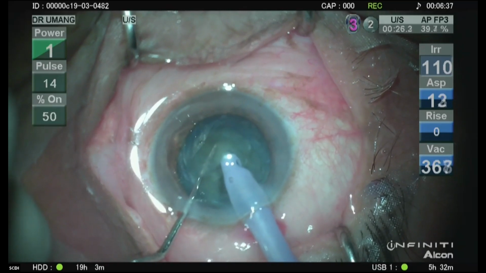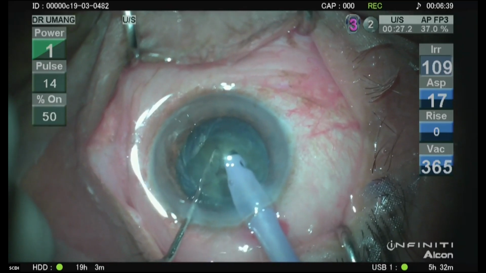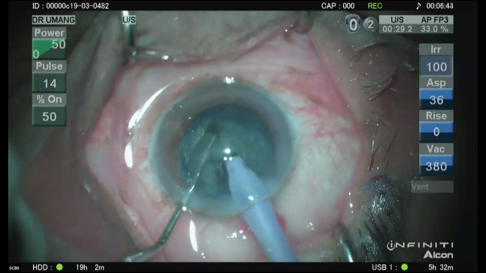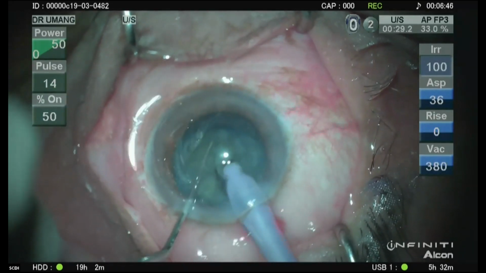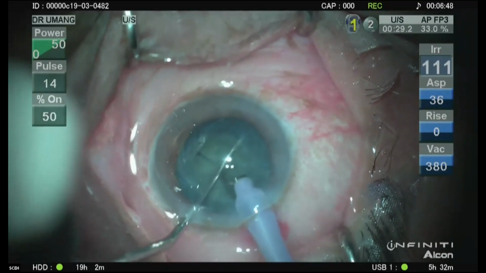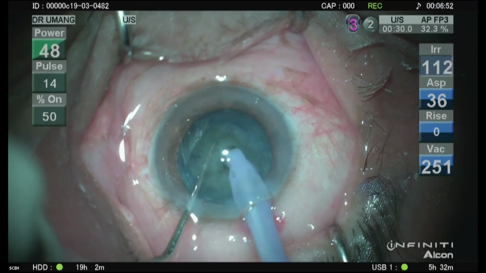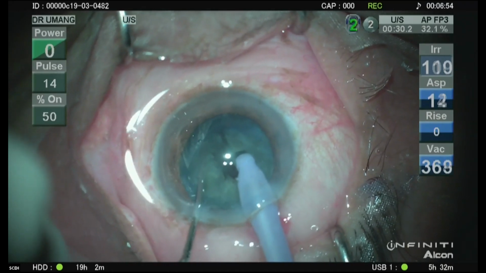In front of the tip, I'm dipping it down and I get a crack and I separate the two. We separate.